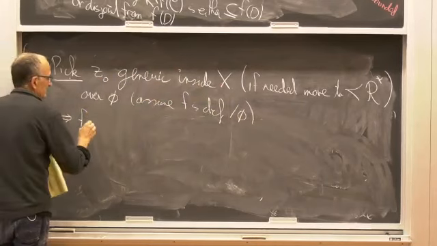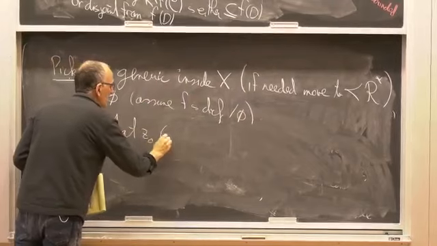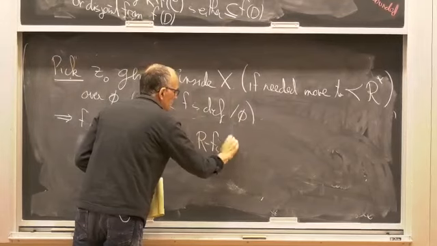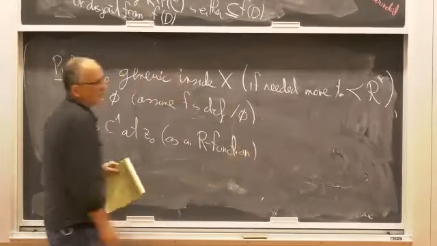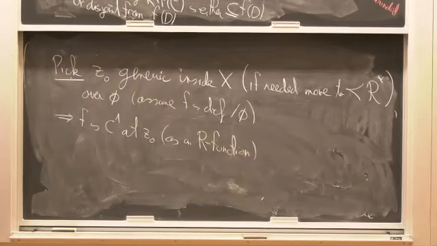F is C1 because it's C1 at Z0 as an R function, right? This is part of, I think, what Garrett did in o-minimal structures. Functions are piecewise Cn outside a set of smaller dimension. Z0 is generic, so everything nice happens there.